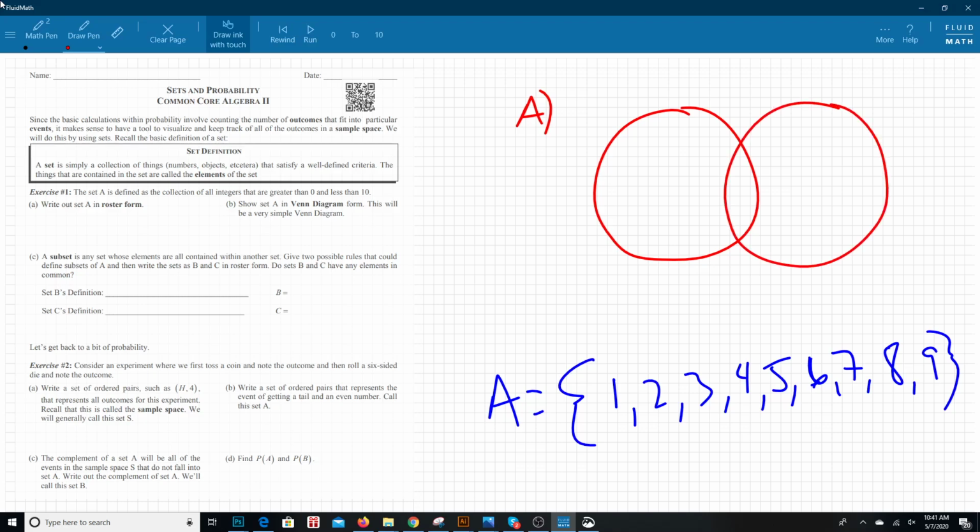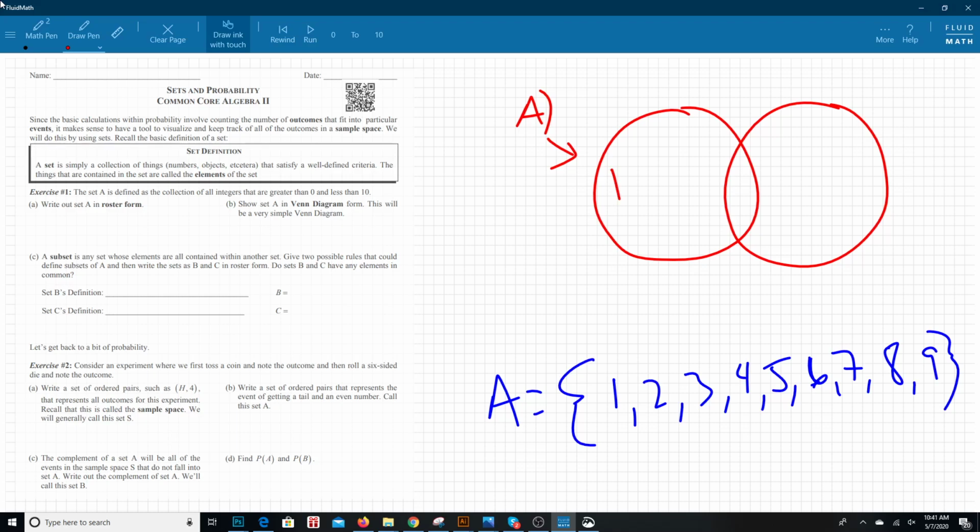That's essentially a Venn diagram. So this is all set A, which is going to be greater than 0 and less than 10. So we have 1.